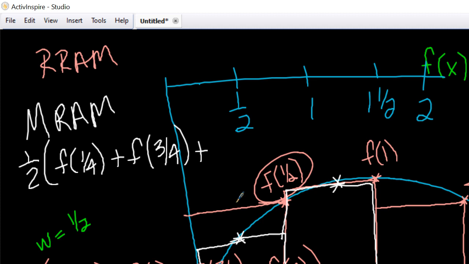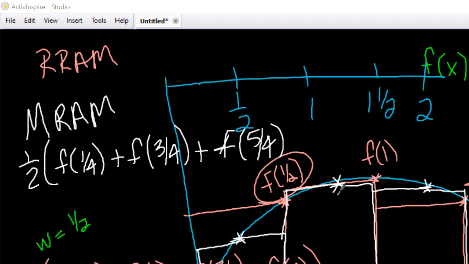Then again, if I go to the next one, I'm adding another half, right? So this would be 1 1/4, 5/4. So here I am on my midpoint here. And this is f of 5/4.